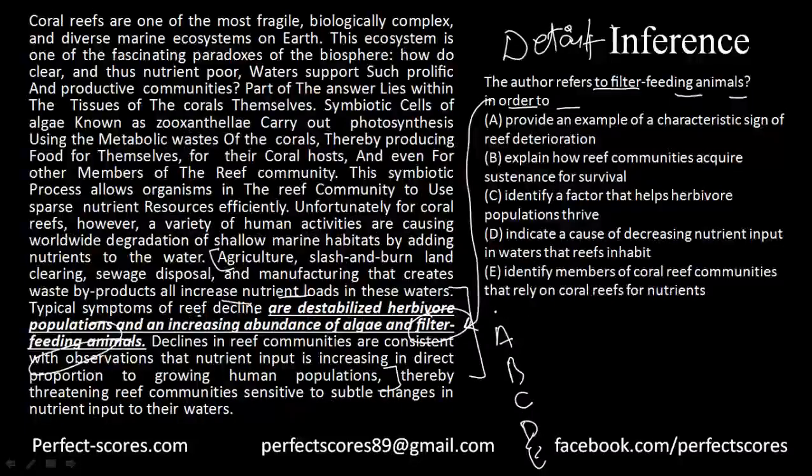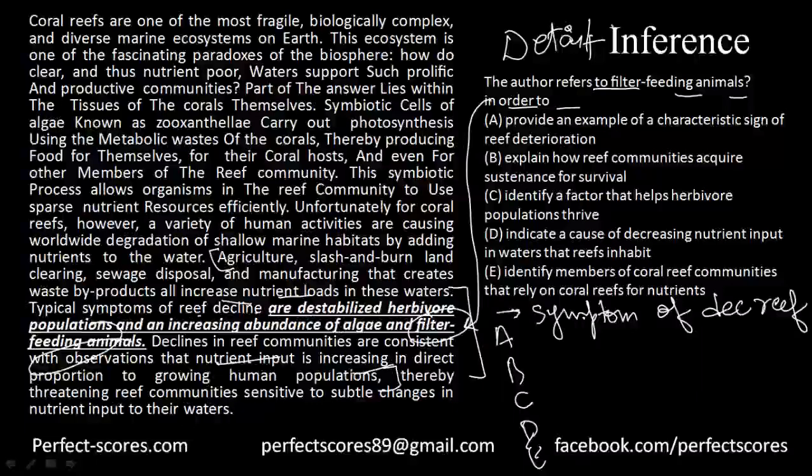So what these filter feeding animals are doing is, it's telling us that it's a symptom of declining reef. Declines in reef communities are consistent with observations that nutrient input increases in direct proportion to human population. So it's a symptom of declining reef populations, and also some relation with human activities and the effect of human activities on declining reef population.